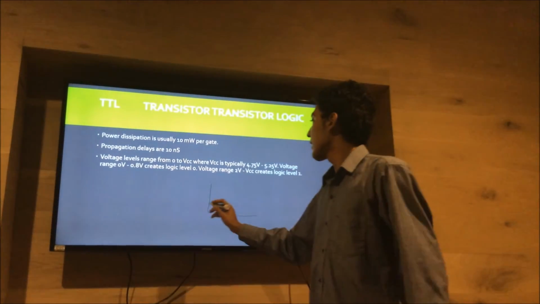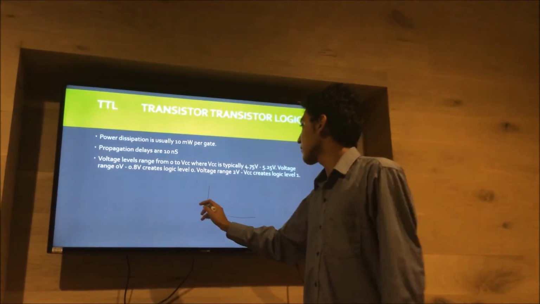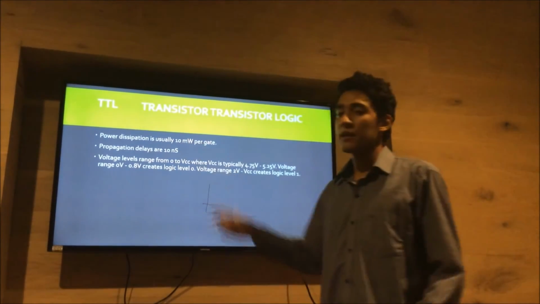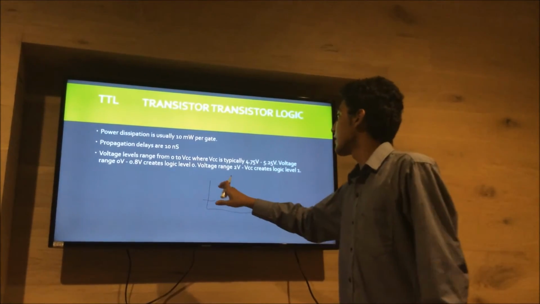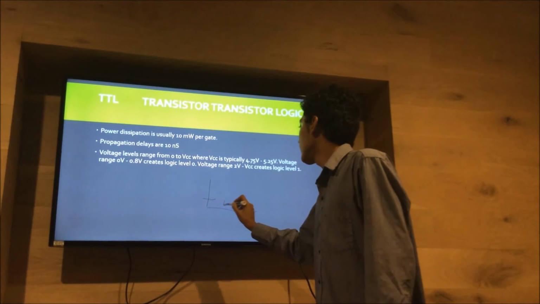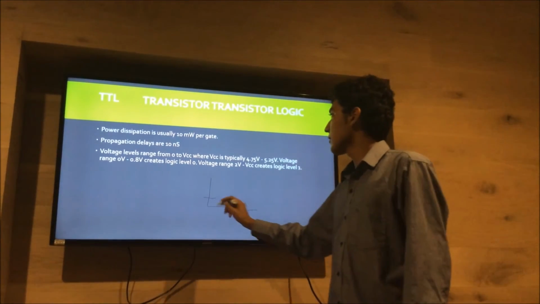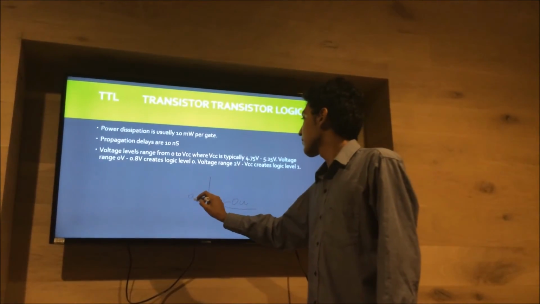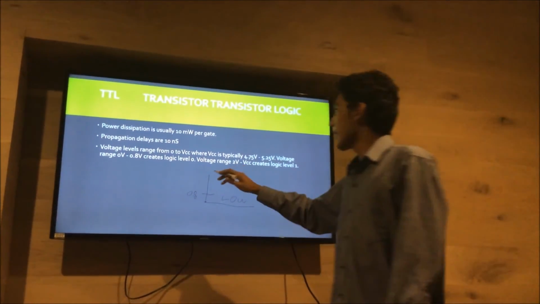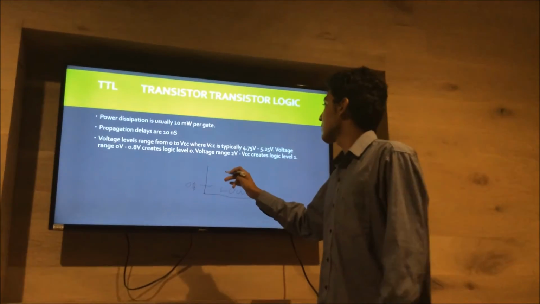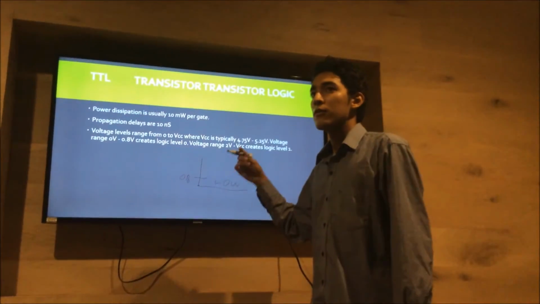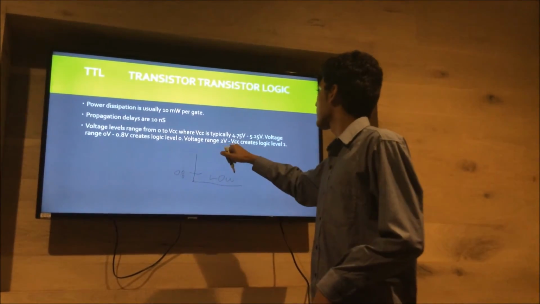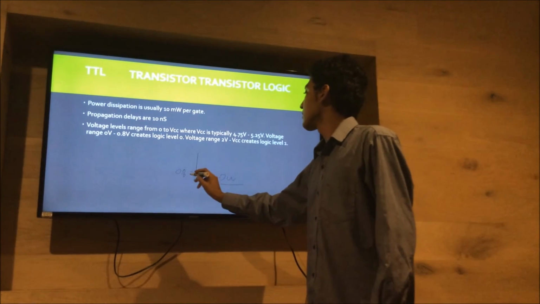The low means voltage from 0. For TTL specifically, the low state goes from 0 to 0.8, and then the high goes from 2 to VCC.